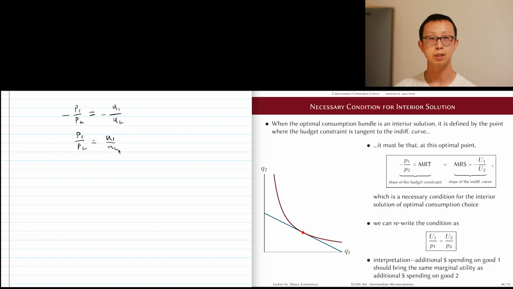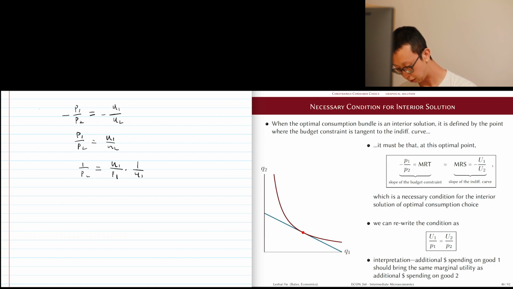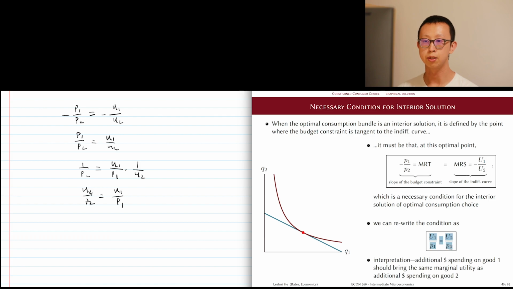Now we're going to rewrite it by dividing by P1 on both sides and multiplying by U2 on both sides at the same time. What we end up with is the following. By dividing by P1, we have 1 over P2 equals U1 over P1 times 1 over U2. And then by multiplying by U2, what I get is U2 over P2 equals U1 over P1.